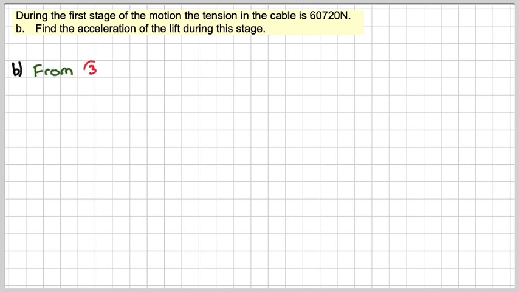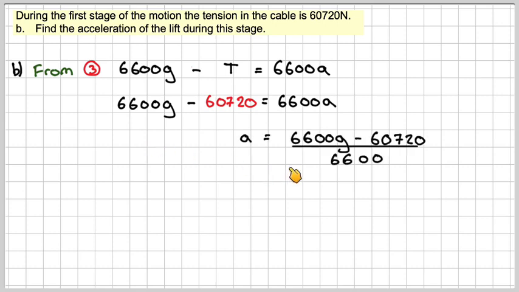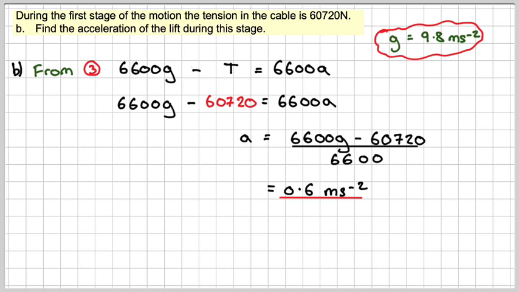So if we use equation 3, 6,600 G minus T is equal to 6,600 A, and put in my value for the tension in the cable, 60,720, and then make A the subject, that will be 6,600 G minus 60,720 divided by 6,600. We'll take G as 9.8, which gives me an acceleration of 0.6 meters per second squared.